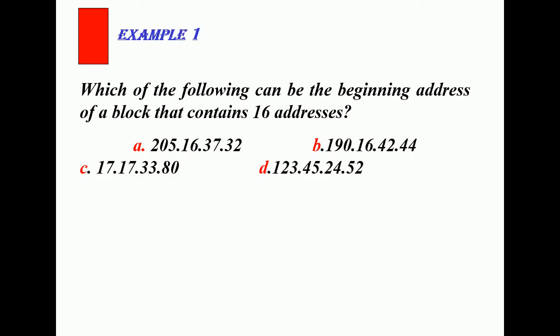Suppose take an example. Which of the following can be the beginning address of a block that contains 16 addresses? Four options are there, four different IP addresses are written, and you have to find the block that contains 16 addresses. More than one address can be the answer. If you take the restriction defined in the previous slide, the number of addresses must divide the leftmost byte of the given address.